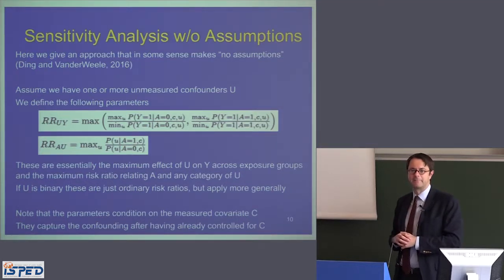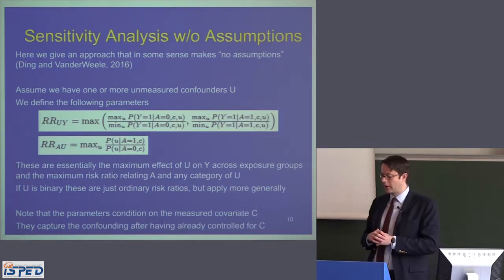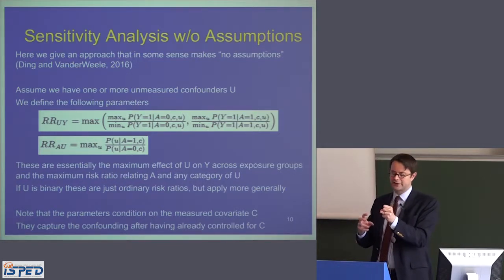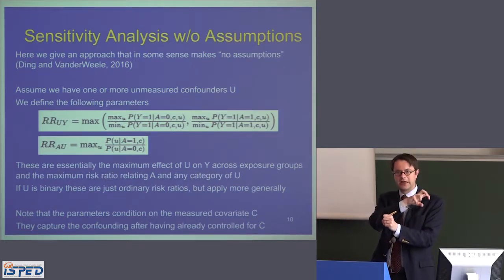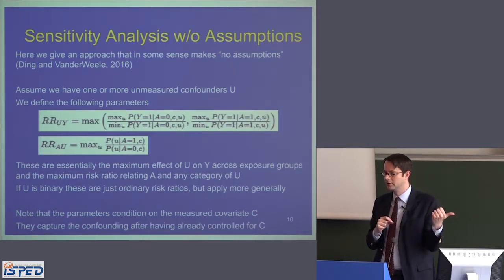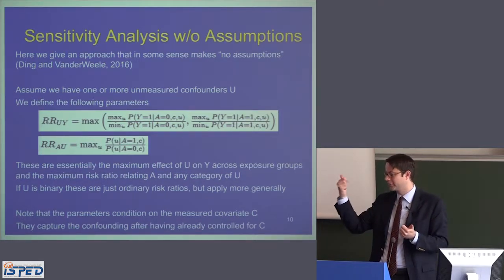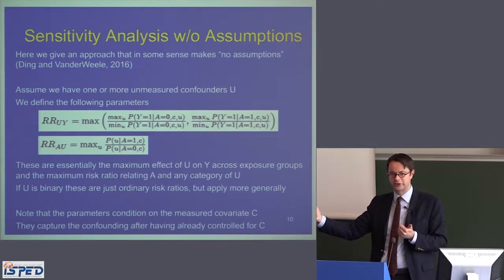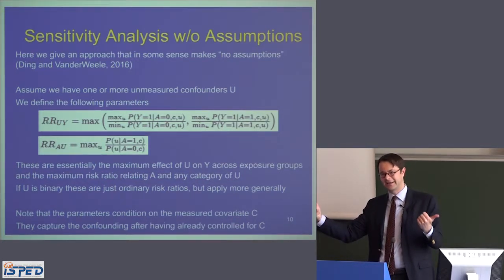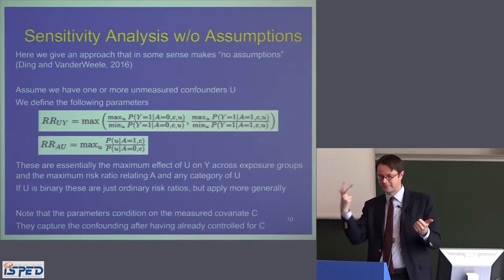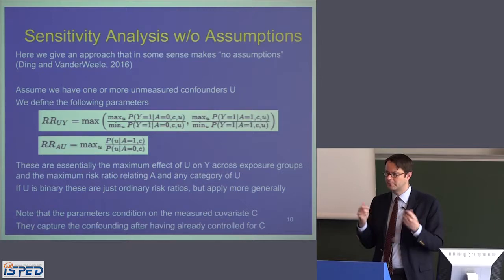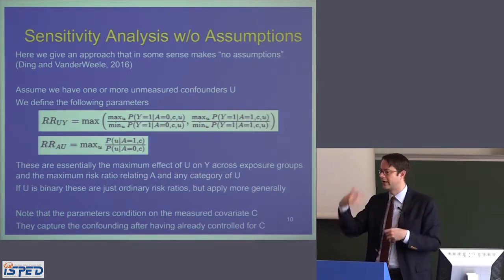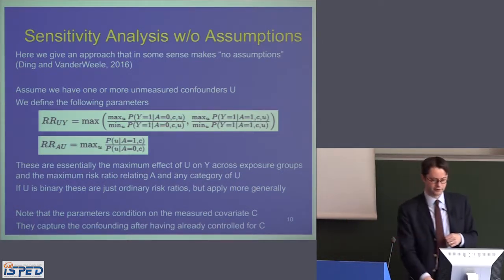In the example of maternal breastfeeding and child health, if we were worried about unmeasured confounding by socioeconomic status and hadn't controlled for income, but if we had controlled for wealth and home ownership and occupation, we might not think income generates all that much additional bias because we've controlled for 3 other markers as well. So these parameters are picking up the residual confounding, having already adjusted for the measured covariates.